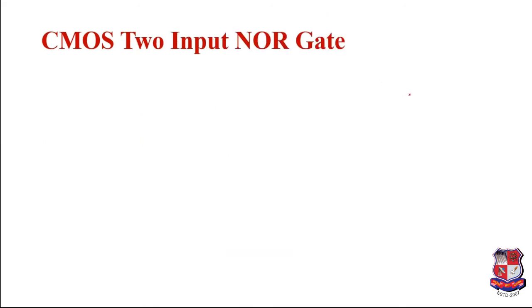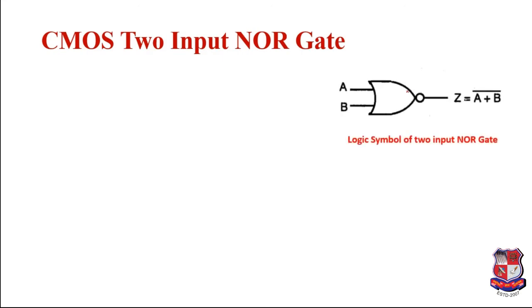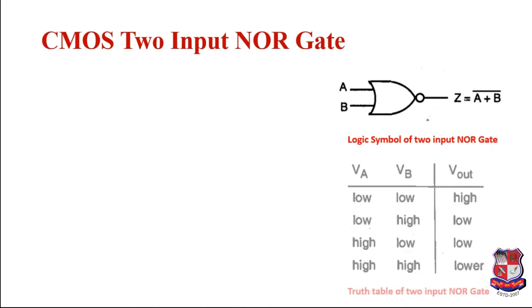Next is the CMOS 2-input NOR gate. Here you can see the symbol of the 2-input NOR gate, and the output of the NOR gate is given by (A or B) whole bar. This is the truth table of the NOR gate. If both the inputs are logic 0, then the output will be logic 1, or high.